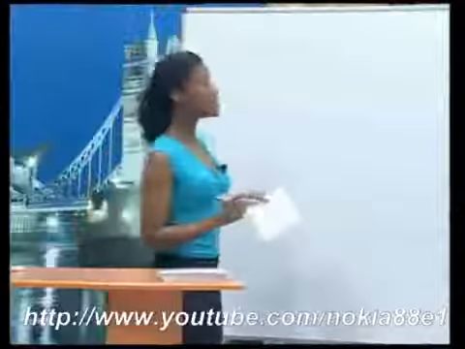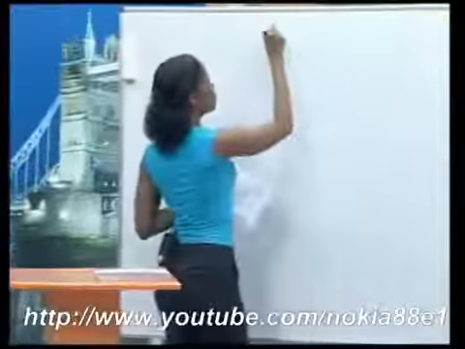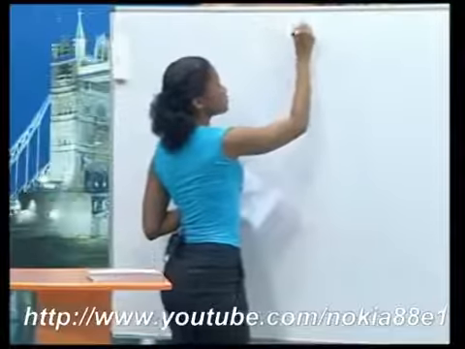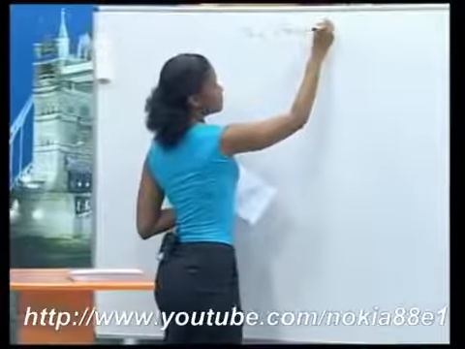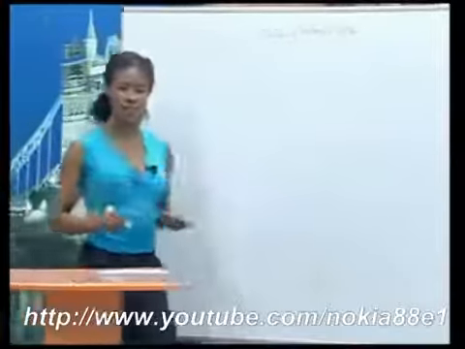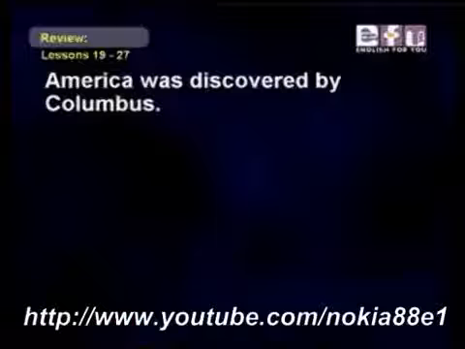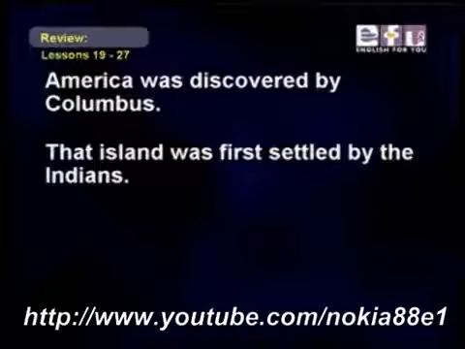Okay, now let's begin with a quick review of the passive. First, some examples. Take a look. America was discovered by Columbus. That island was first settled by the Indians.